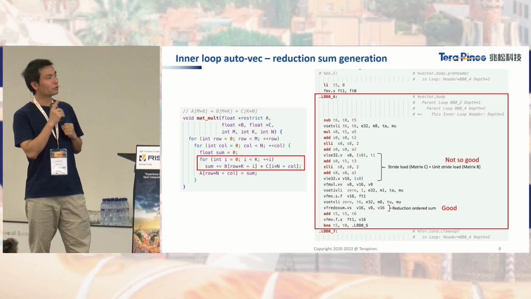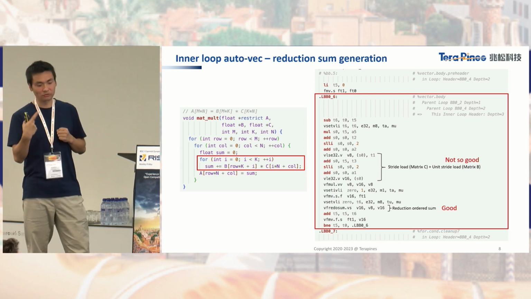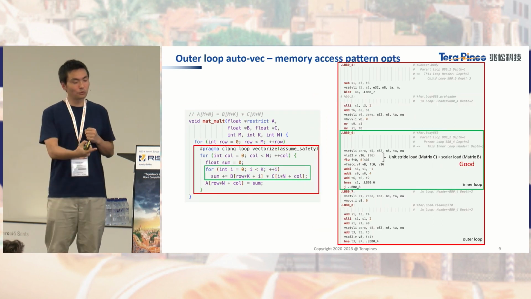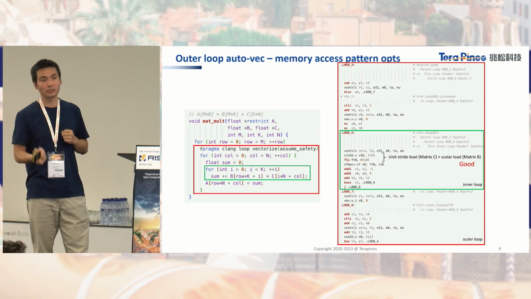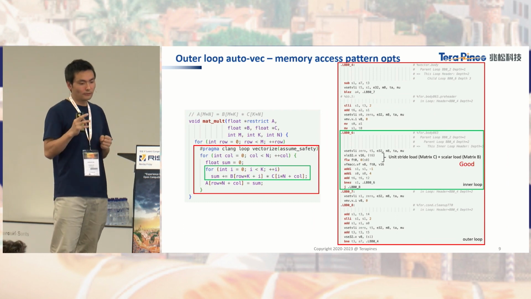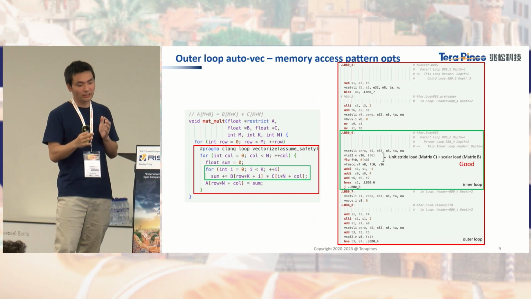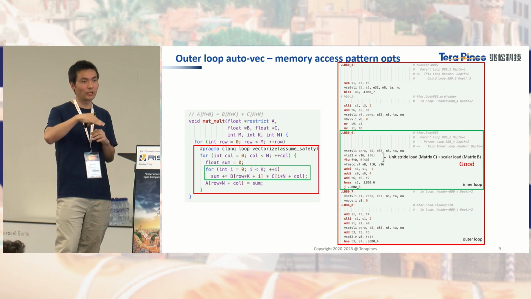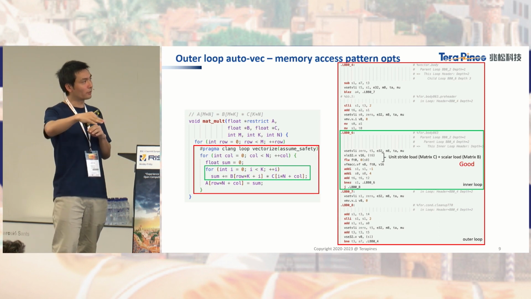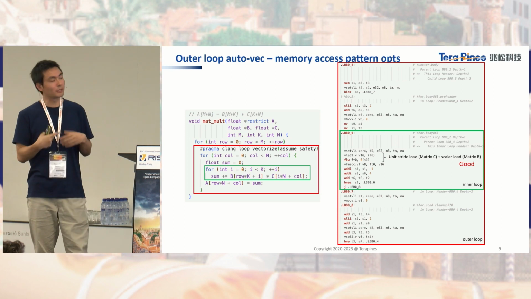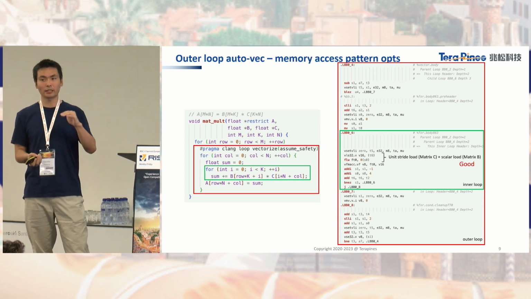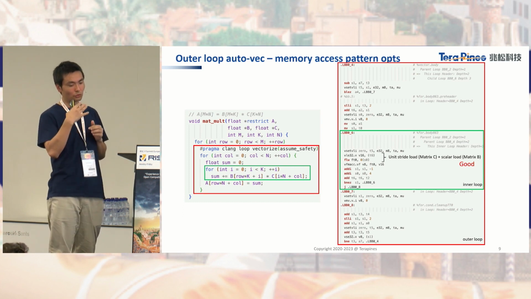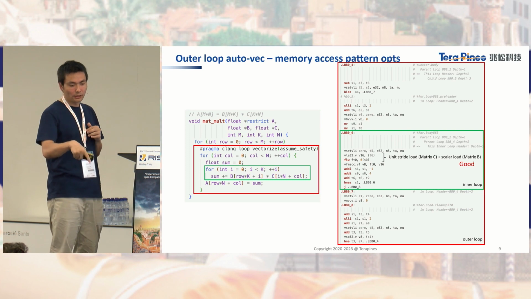So what can we do to improve the performance, especially for the memory access? Okay, we can do outer loop auto-vectorization. As it's quite challenging to determine which level of loop you are going to auto-vectorize, we use the pragma as a hint to tell the compiler which level of loop to vectorize.